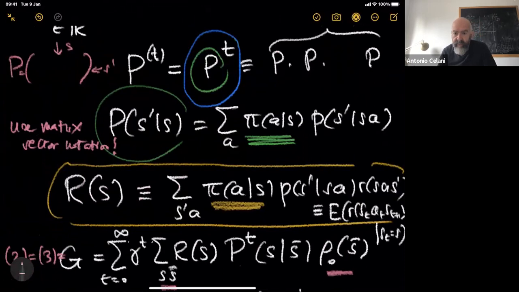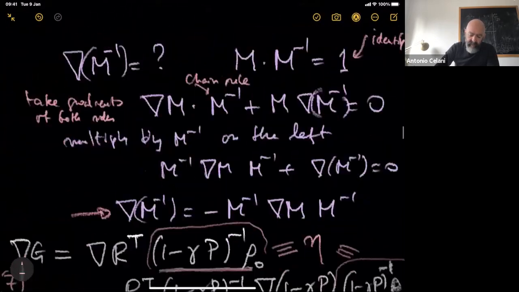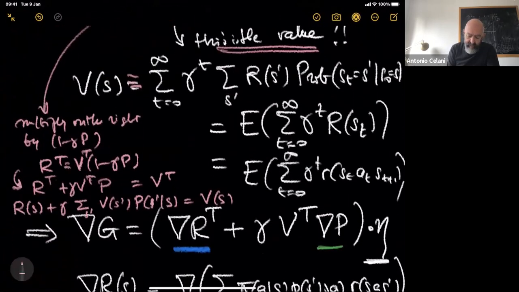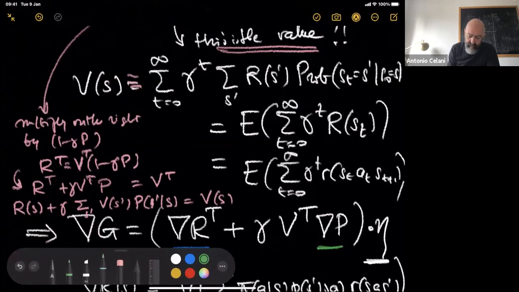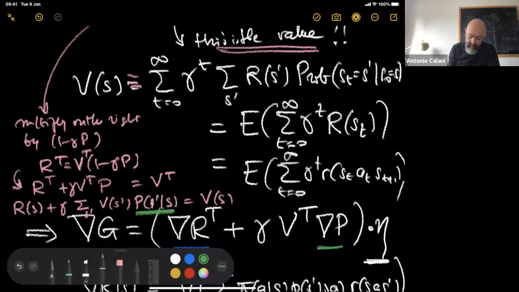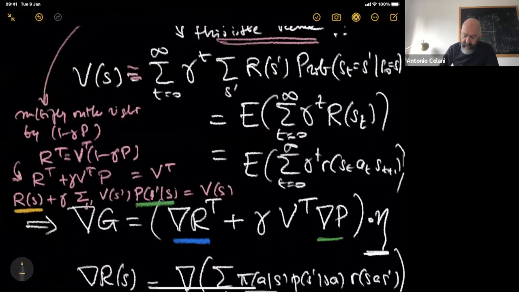Is there a question? No. So if I replace this definition of capital P in green and R in yellow, I am running short of space here.